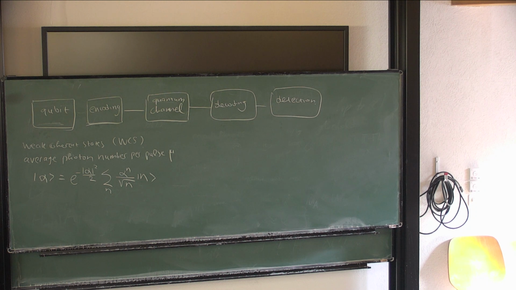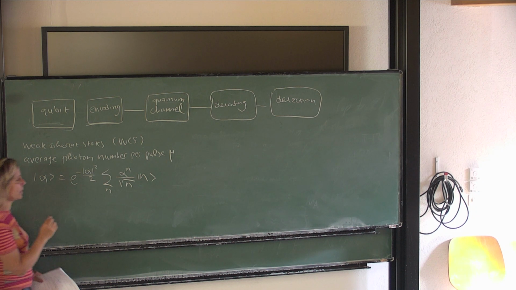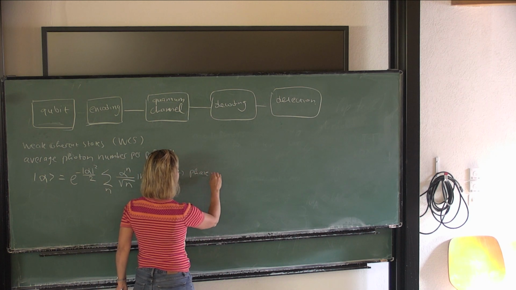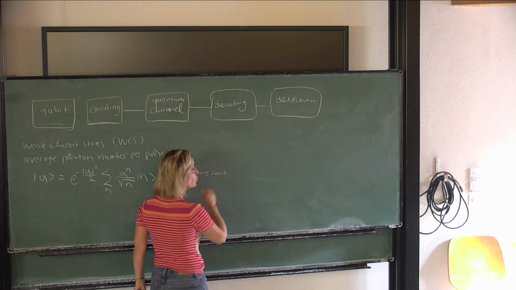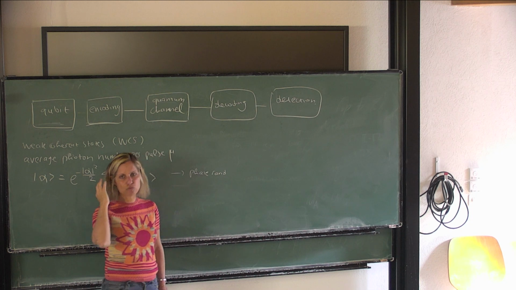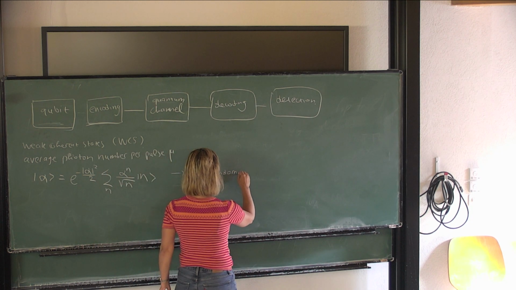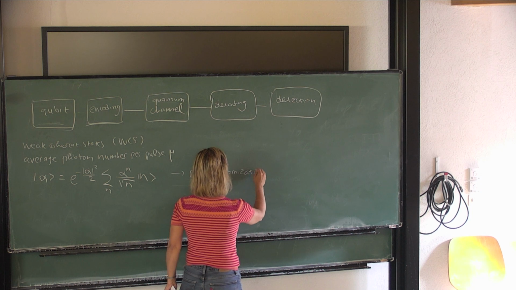You do not want to have just a series of coherent states because this opens a side channel attack, okay? Which we are going to discuss later. So what you want to do is what is called phase randomization. Okay, this is very important in experiments. And often overlooked, often we say, oh yes, we could do phase randomization and we should, but we don't always do it in experiments, okay?